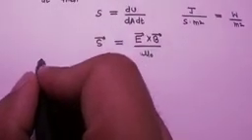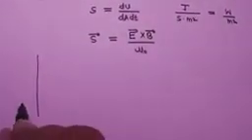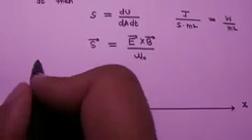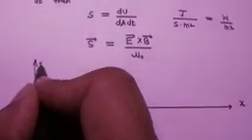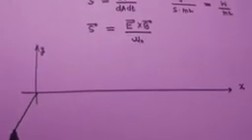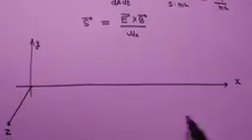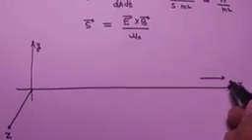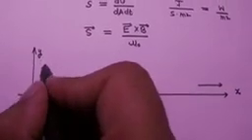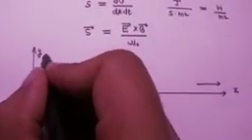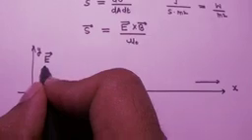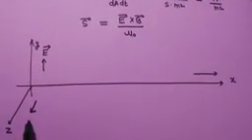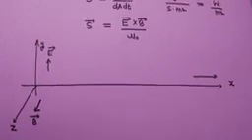Consider a Cartesian coordinate system. This is our x-axis, this is our y-axis, and this is our z-axis. The electromagnetic wave is propagating along the x-axis. Electric field is oscillating along the y-axis and magnetic field is oscillating along the z-axis.